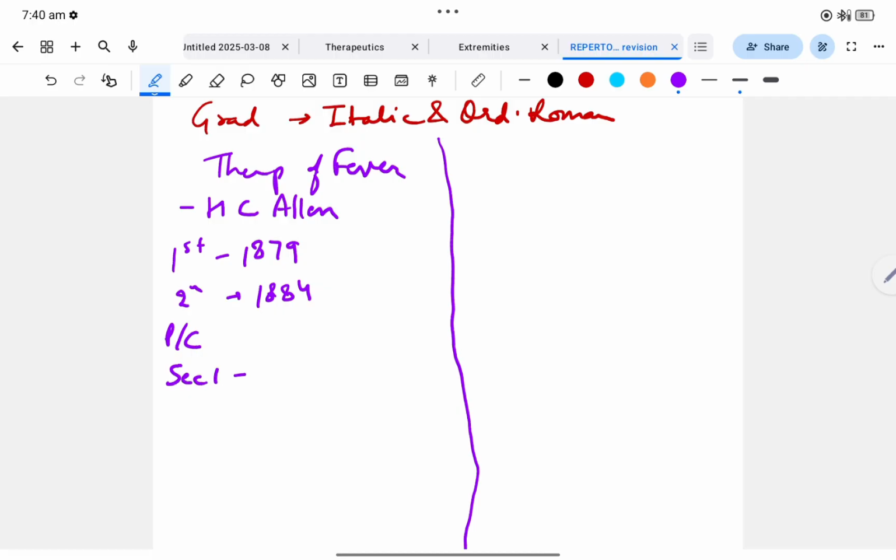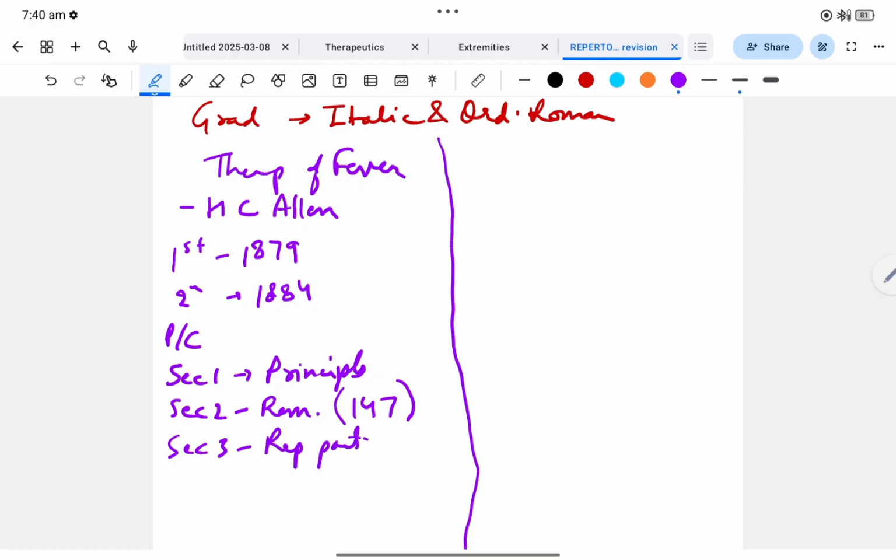Section 1 contains principles. Section 2 has indication of remedies. Total number of remedies in this are 147. And section 3 is repertory part. Gradations used are bold, italic and Roman.